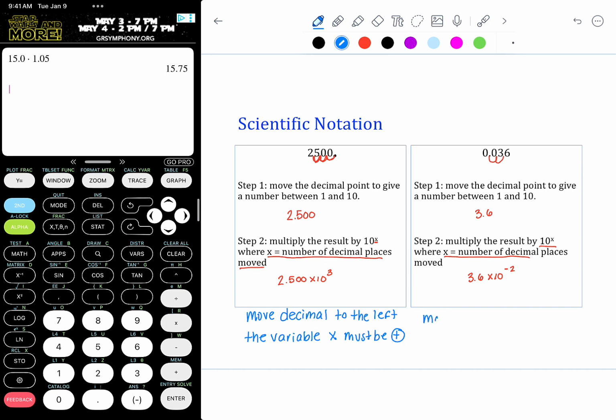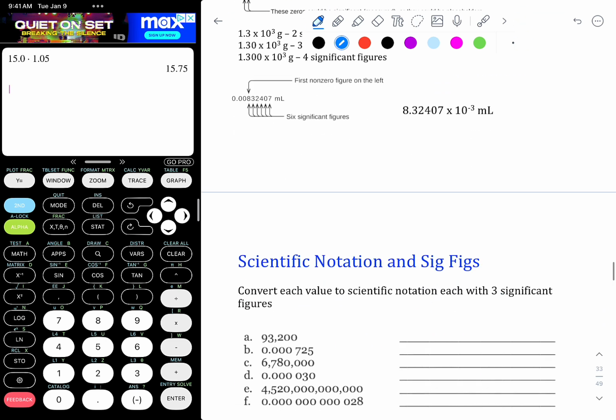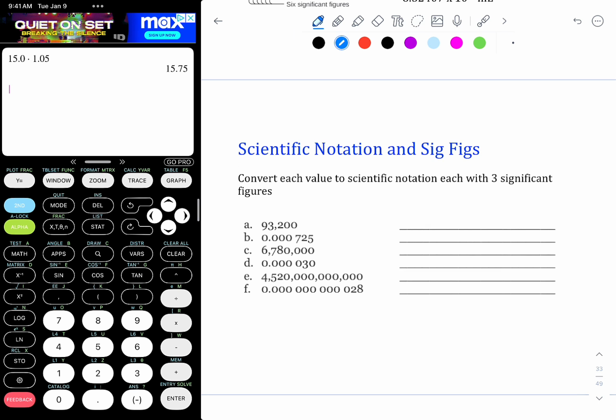If we move the decimal to the right, the variable x must be negative. So let's practice that with a few extra problems. For each of these values, convert them to scientific notation and then give them 3 significant figures.